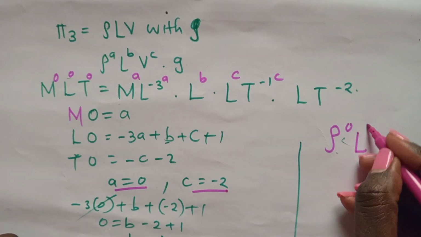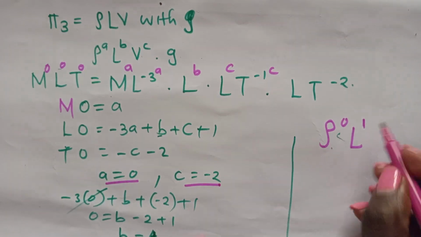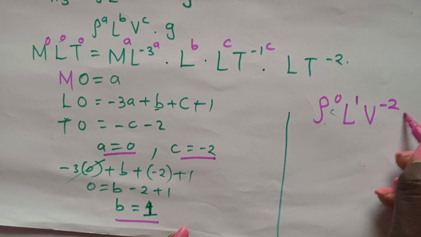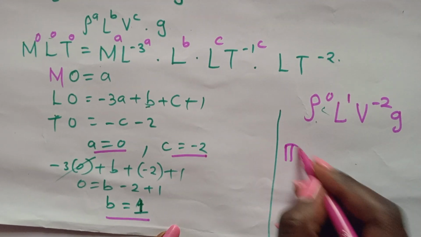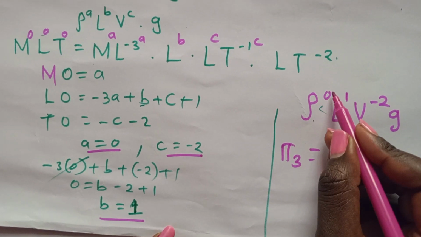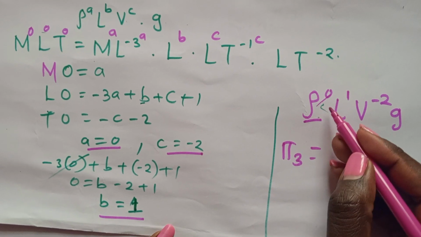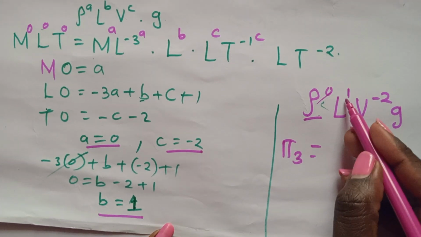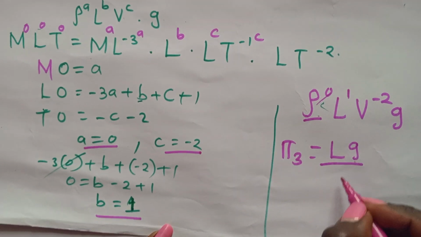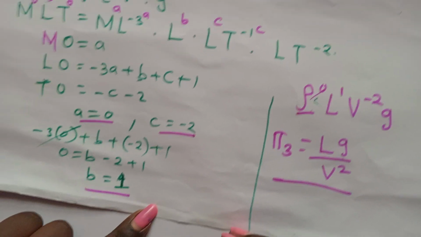We have L raised to B, which is 1, positive, and V raised to C, so V raised to negative 2, with G. So our pi 3 can now be written as L positive on the numerator, and G over V squared. So this is our pi term number 3.